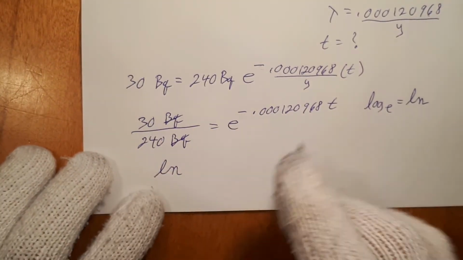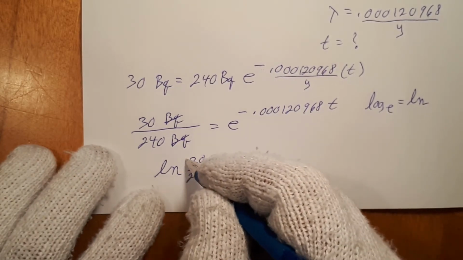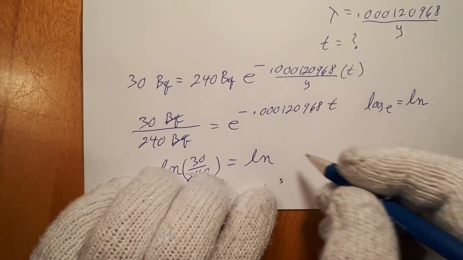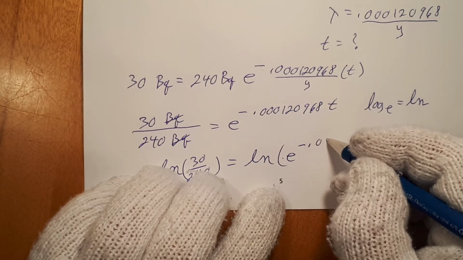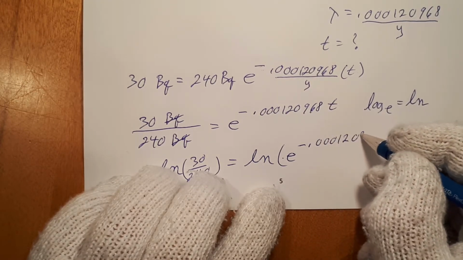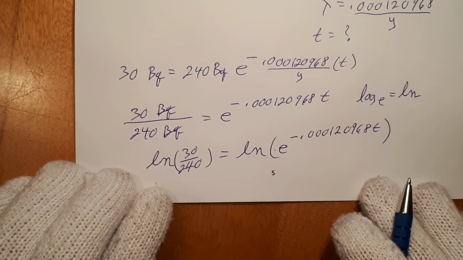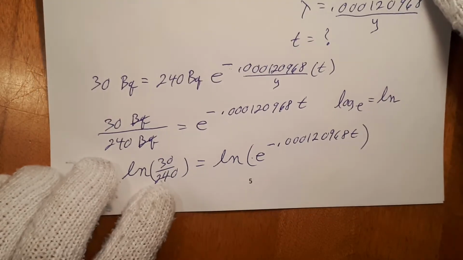So taking the ln of the left-hand side of 30 divided by 240 is equal to the ln of e to the minus 0.000120968 t. Need to continue on a separate page.